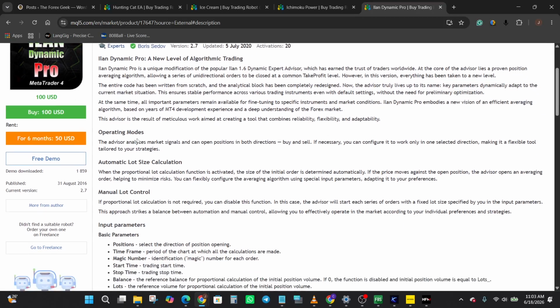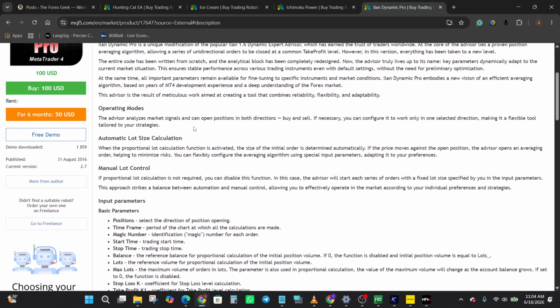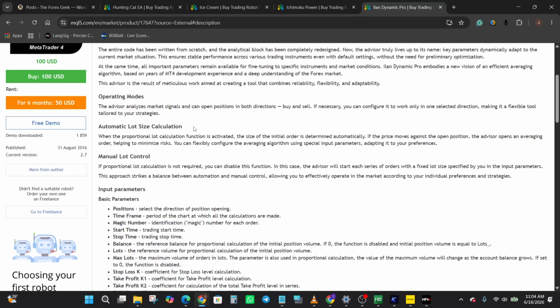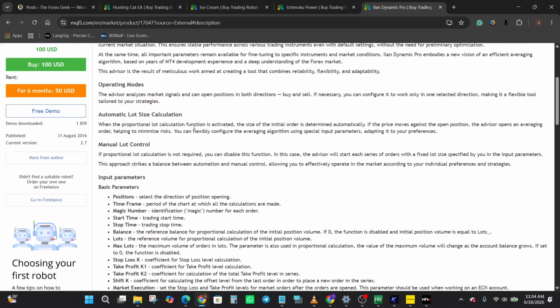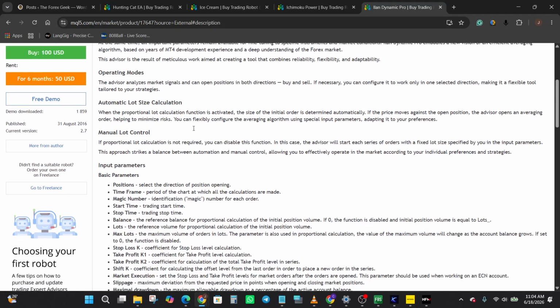requiring extensive optimization beforehand. As I continue down the page, the EA offers flexibility in how positions are opened. It can analyze market signals and trade in both buy and sell directions, or it can be configured to operate in only one direction if preferred.